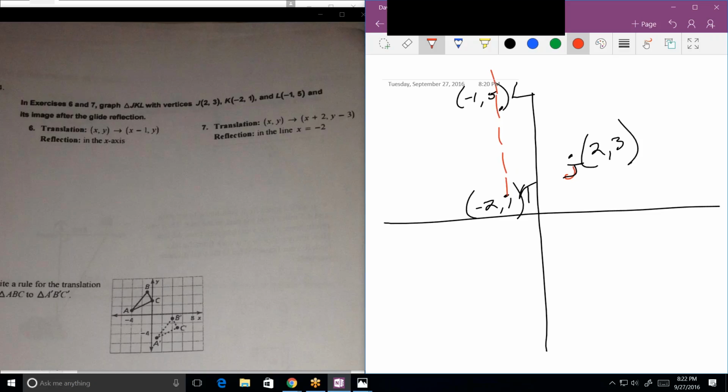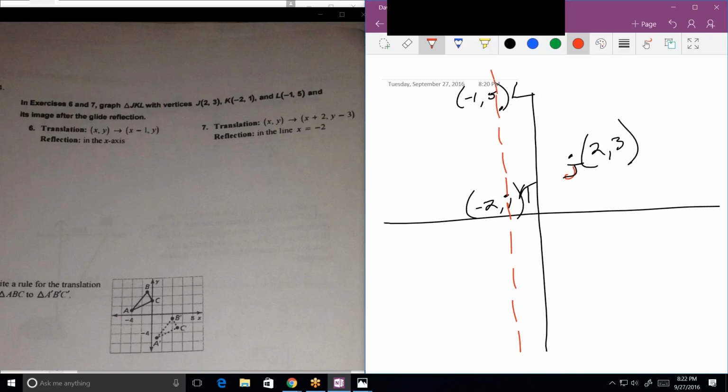I know it goes through that point because that's the x-coordinate. This is like a reflection over the y-axis because you're reflecting over a vertical line. So it's a lot different than reflecting over the x-axis, which is a horizontal line. It seems the same, but it's not.